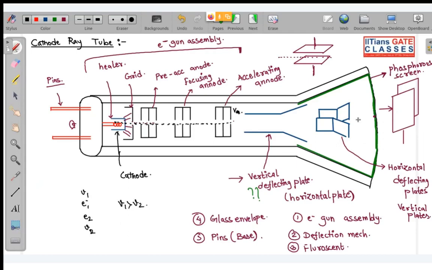I even asked which will produce more brightness, and you told me it will be v1 because the velocity is more.